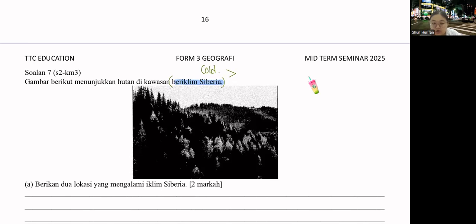Cold area. Cold means it's gonna be snow. What kind of plants? Yes, conifer. Why? Snow. That's why your plants look this way, to prevent the snow from sticking on top of the tree. Right? It's snowy. And this kind of tree. So conifer.